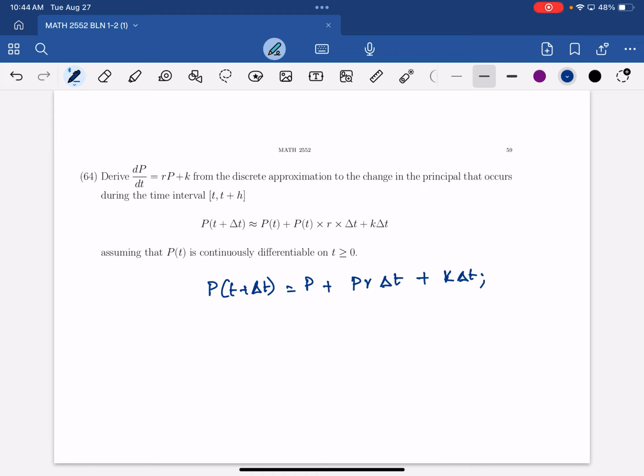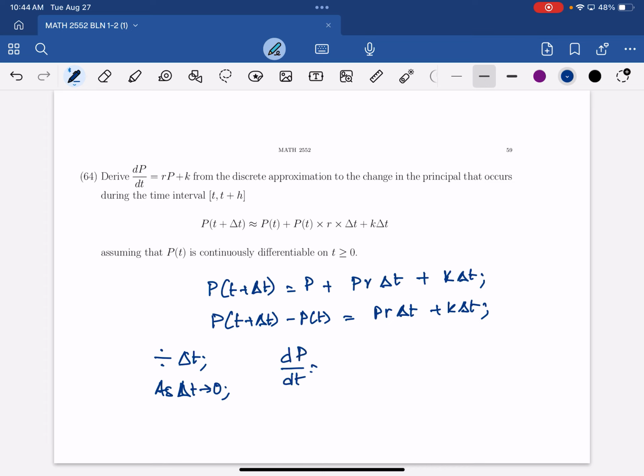So you can write P of T plus delta T minus P of T is going to be PR delta T plus K delta T. Now if you divide by delta T, and as delta T goes to 0, you get dP dT equals RP plus K. This is the growth in the account, and this is the incoming money.